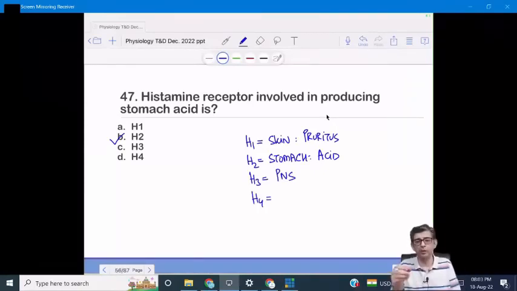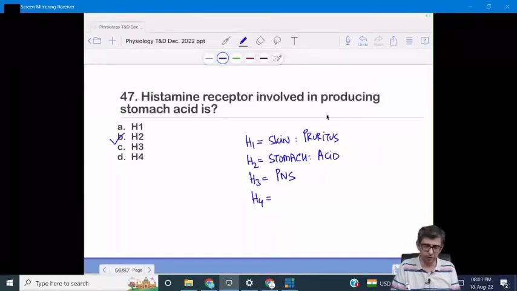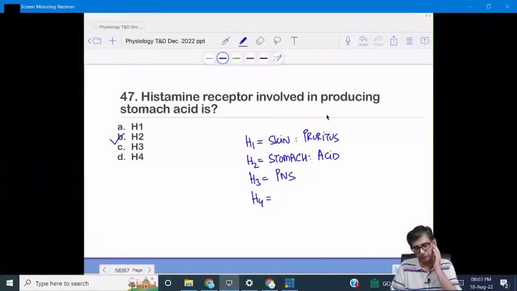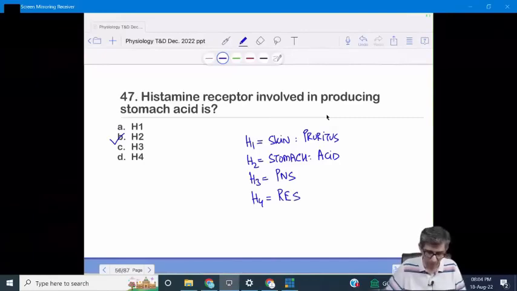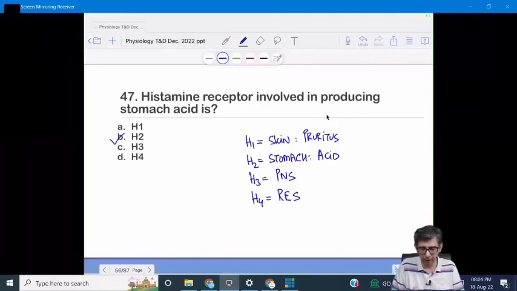You can comment: what would be the usual location of H4 receptors, at which areas? Okay, H4 receptors could be mainly located at the RES, that is the reticuloendothelial system.